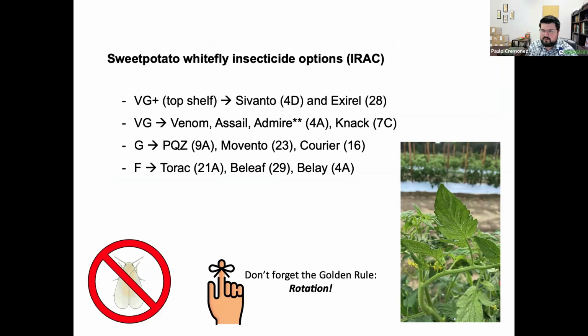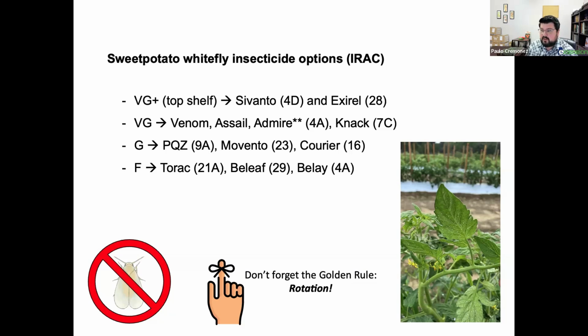So you have a very good plus option, which would be your top shelf option, which is using Sivanto, which is a neonic, or a kind of neonic, and Exirel, which is a diamide. So far, they are the best options that you have for whiteflies.